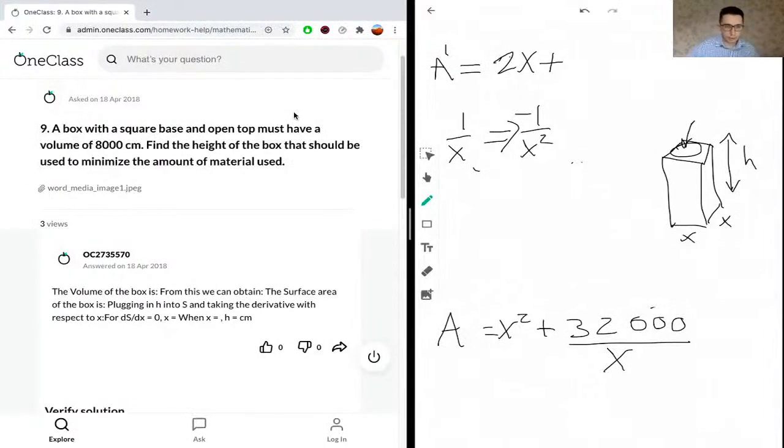This is just kind of a derivative law that you should know. Knowing this, you know there's going to be a negative sign, not a positive sign. So we get negative 32,000 over x squared.